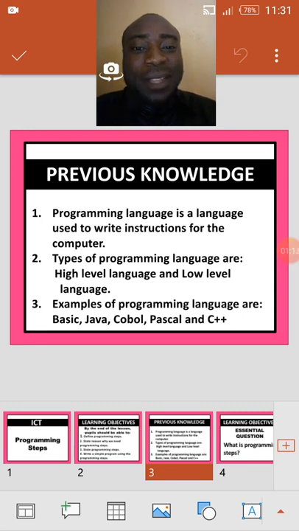And we looked at the types of programming language, which are high-level language and low-level language. And we also looked at examples of programming language, which are BASIC, Java, COBOL, Pascal, and C++.